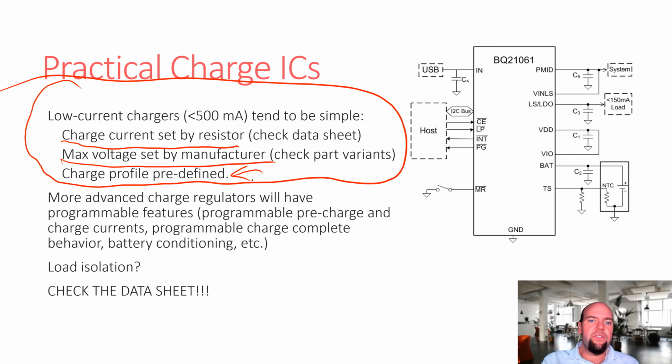So more advanced regulators quite often have a more advanced digital controller. You can usually program them using some sort of communication protocol. In this case, I think it is a TI charger, and it allows a host microcontroller to communicate with it over I2C, and it lets you program a bunch of different parameters.